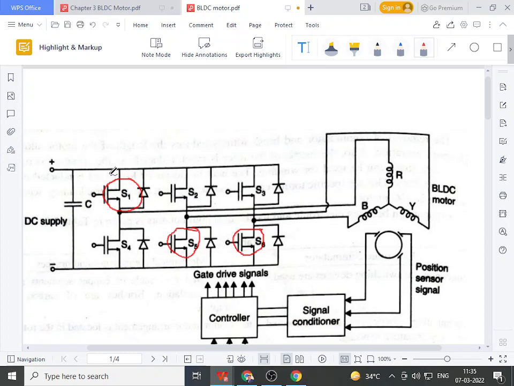The current flows through S1, then through the R phase of the stator winding.